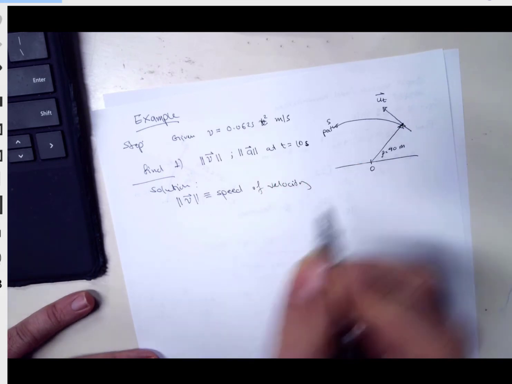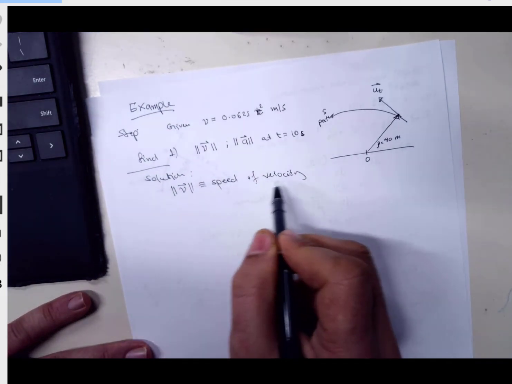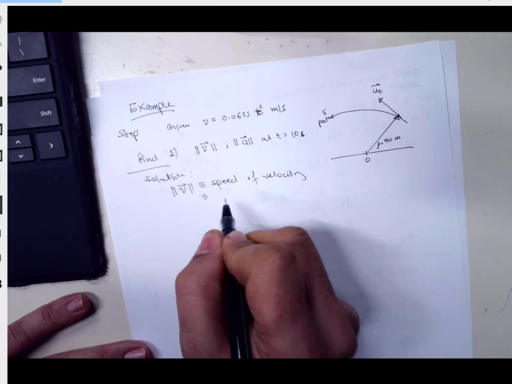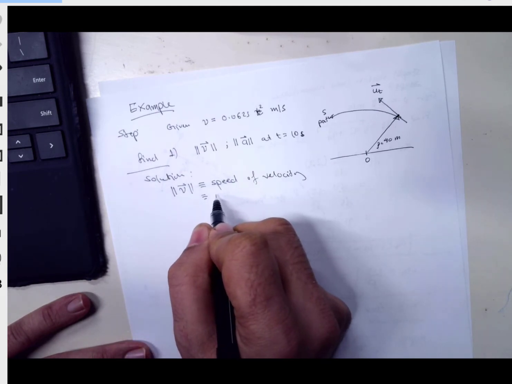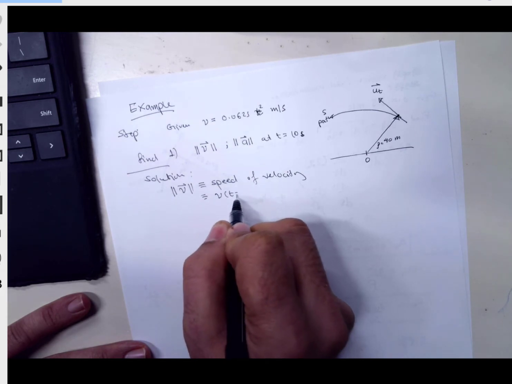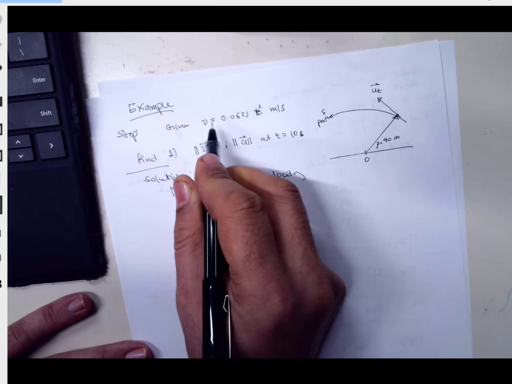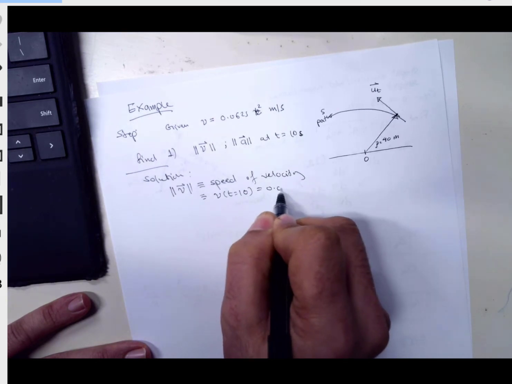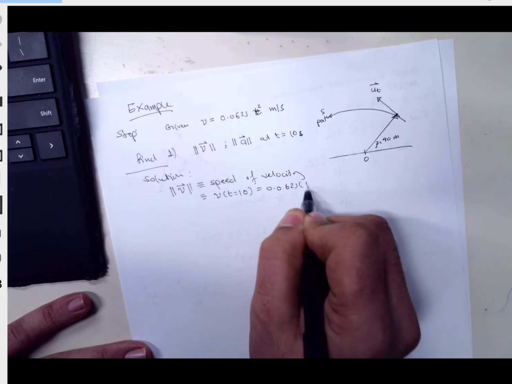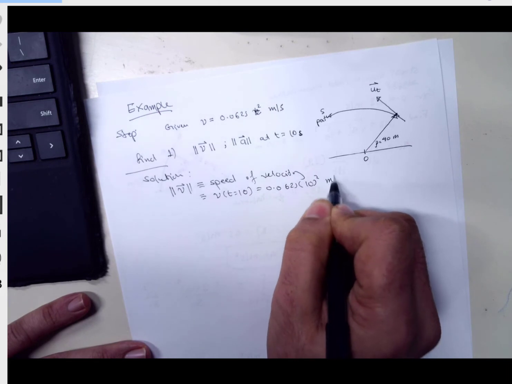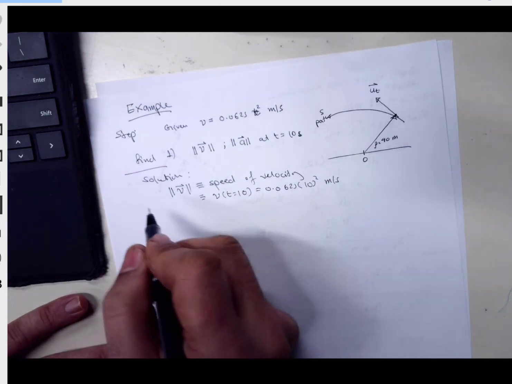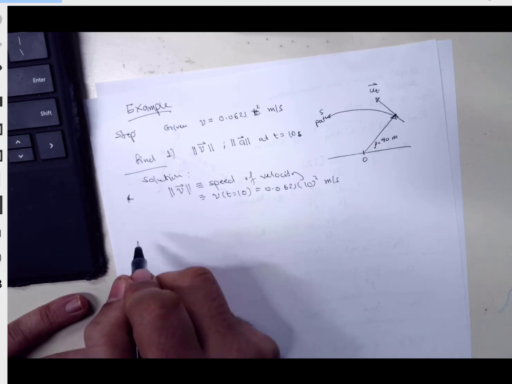So they want it at time equal to 10 seconds, which is the speed, right? And the speed is simply the evaluation of this speed at time equal to 10, in meters per second. So that's as simple as that. Okay, so we solved the first one.